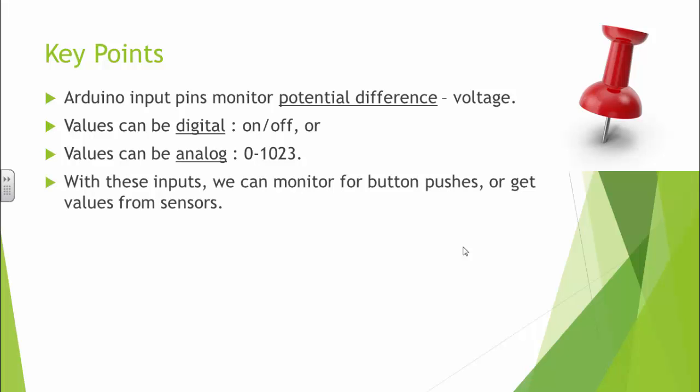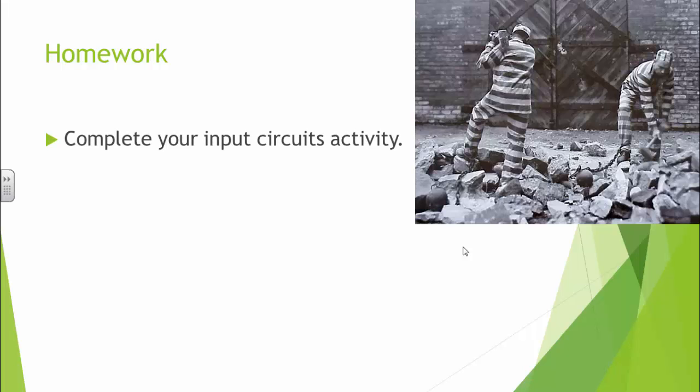We can use these inputs to look for things like button pushes or get values from things like sensors. So for your homework today, go ahead and work through those example circuits. Start getting your sketches reacting to your environment. Don't forget to check for references online where you need them. There's also some hyperlinks here to the Arduino website for some of the key ideas we saw.